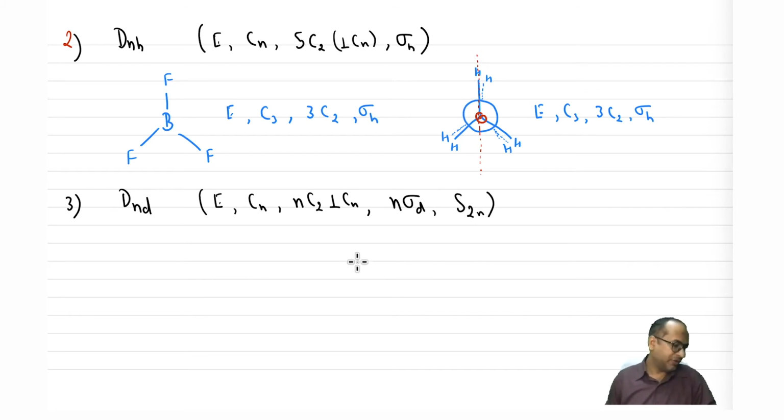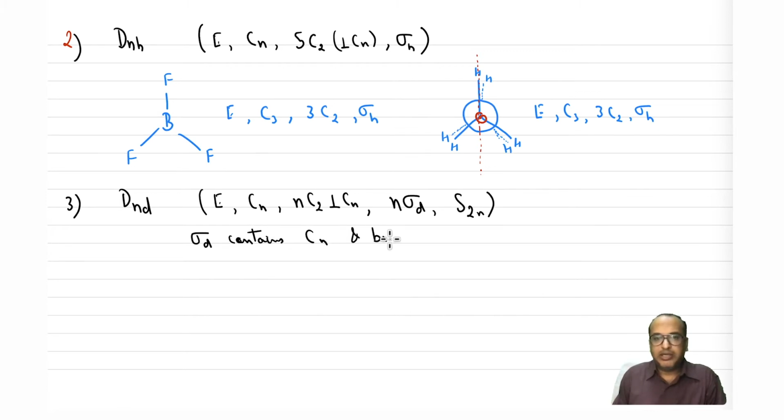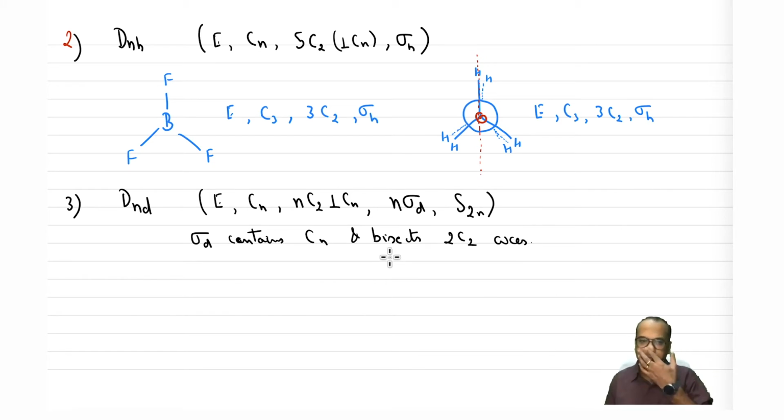Sigma D contains Cn and bisects two C2 axes, right? That is as per the definition of sigma D.